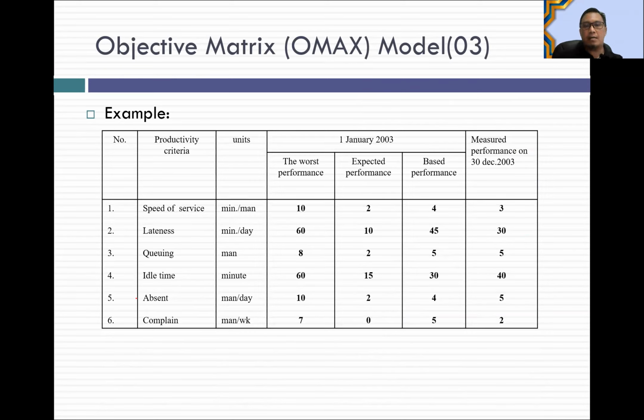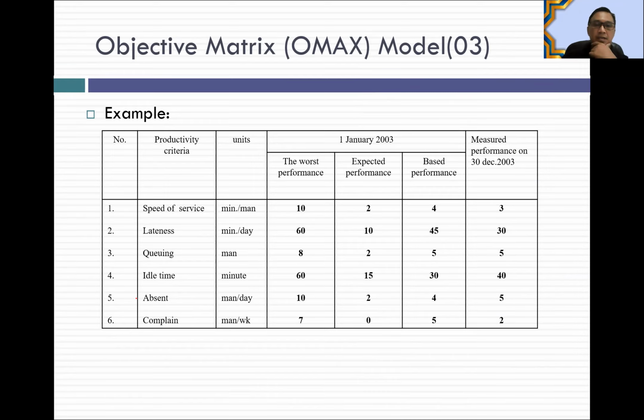So in a particular organization, they're going to calculate or measure 6 productivity criteria: speed of services, lateness, queuing, idle time, absent, and complaint. Each productivity criteria has its unit of measurement.